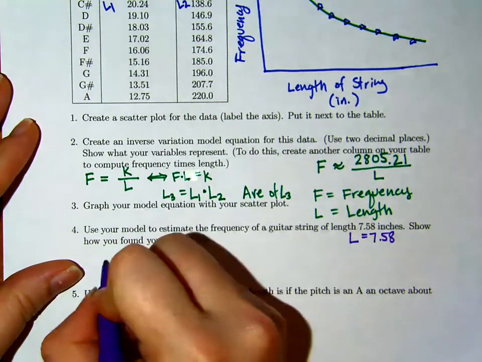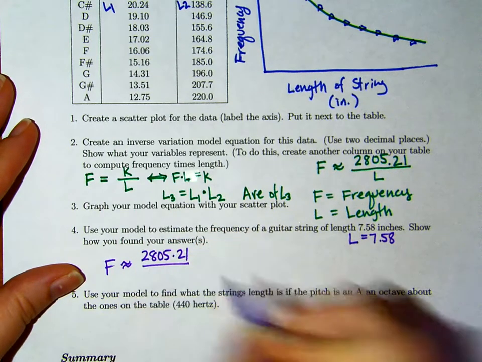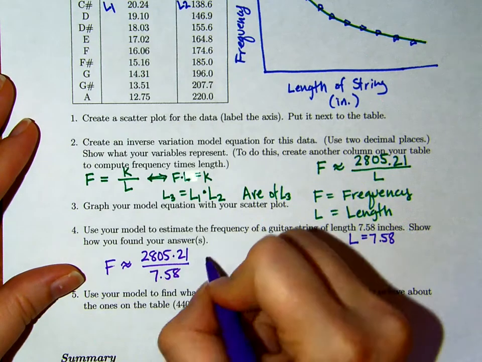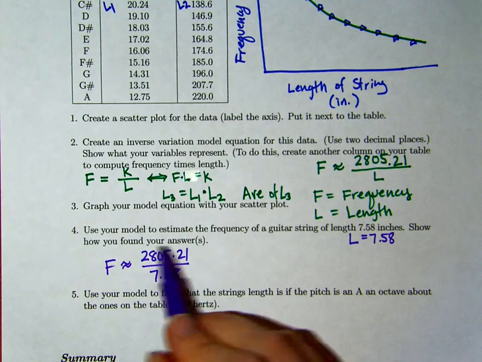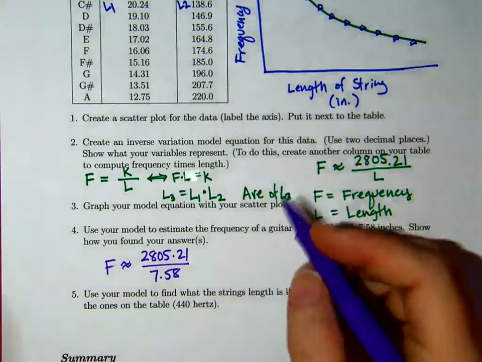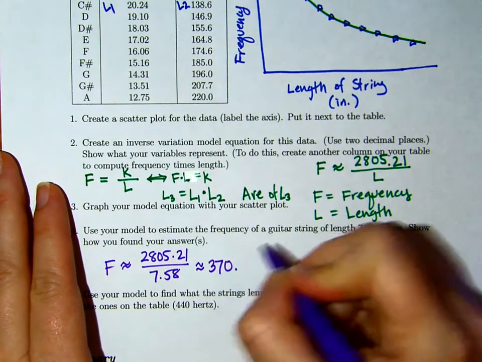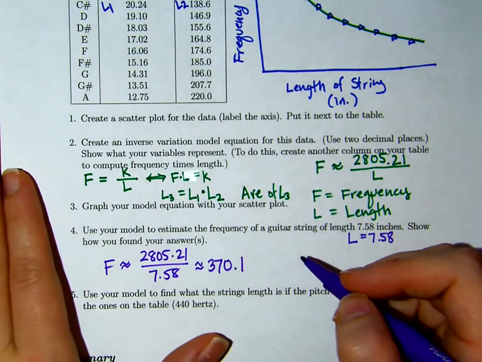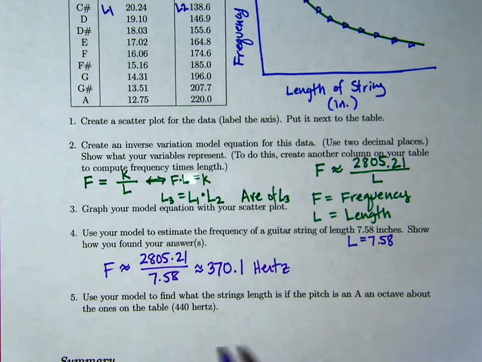Frequency is approximately 2,805.21 divided by 7.58, that is about 370.1 hertz, or vibrations per second.